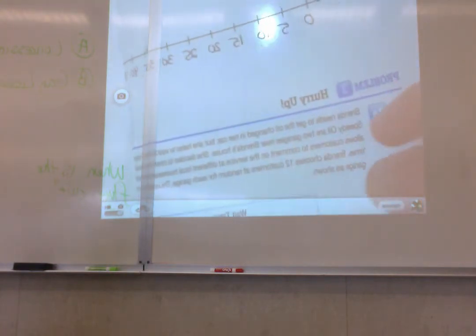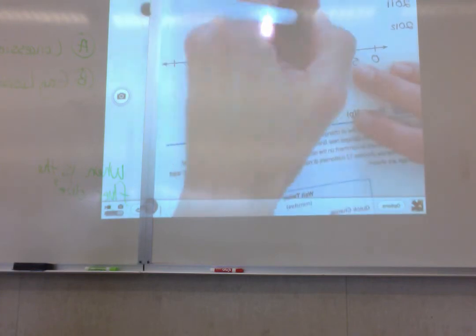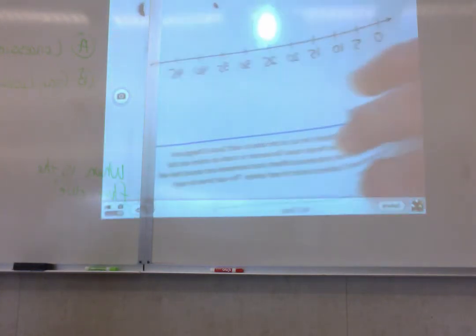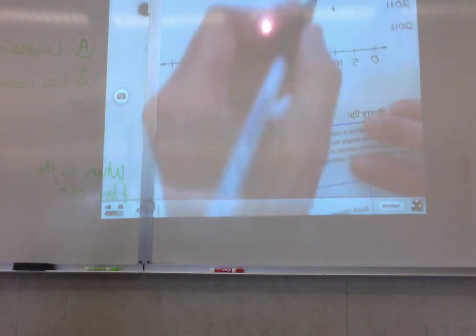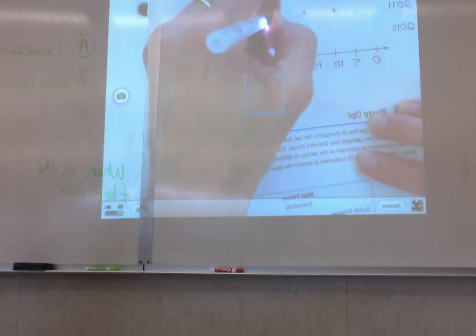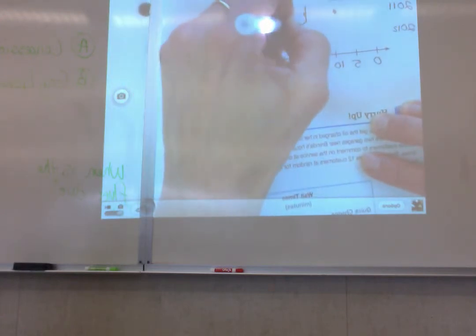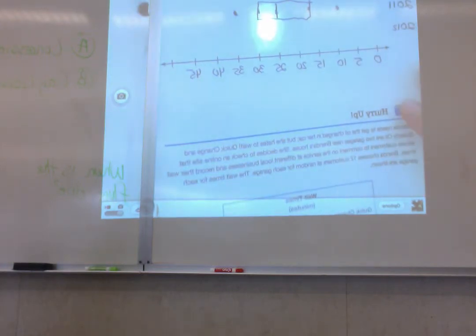I had, what did I have? 10 and 35. And then I had 17, 24, and 28. We're not changing 2011 because it did not have outliers.